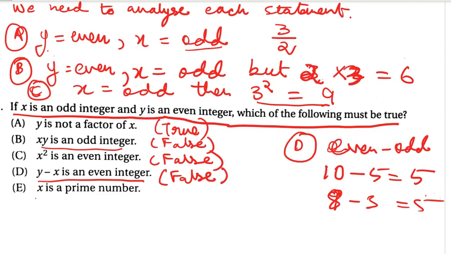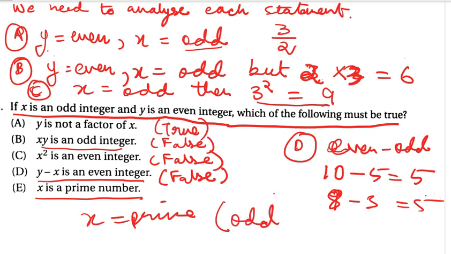Okay, x is a prime number. All the prime numbers that you will get are going to be odd numbers. But what is happening over here is that odd numbers may be prime, but what about the number 2?